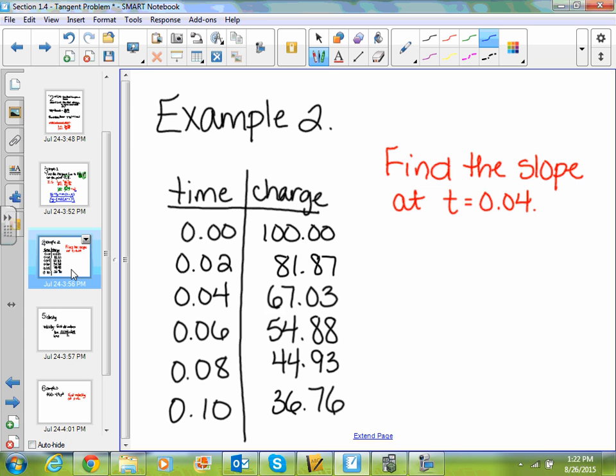At 0.04, my charge is 67.03. At 0.06, my battery is almost halfway dead. I'm at 54.88. At 0.08, I'm at 44.93. And at 0.10, I'm at 36.76.